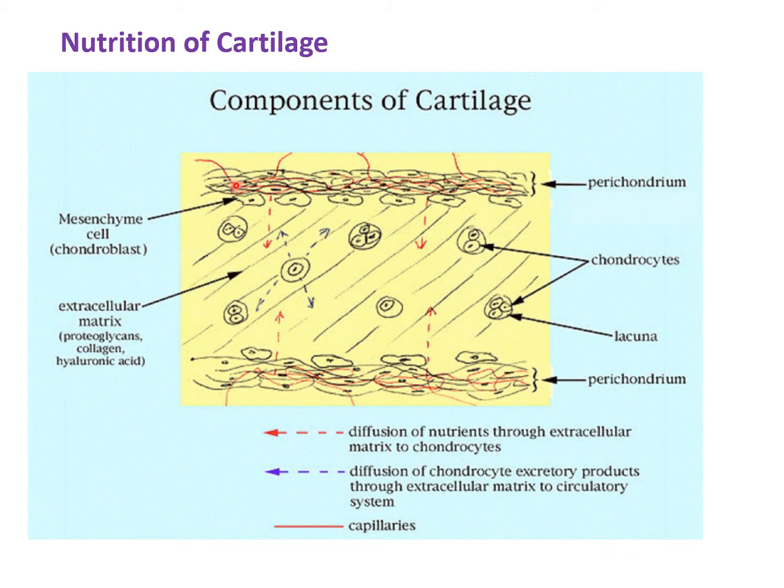So how does the cartilage get its nutrition? The blood vessels which are present in the perichondrium, from there the nutrients diffuse through this gel-like extracellular matrix towards the chondrocytes.